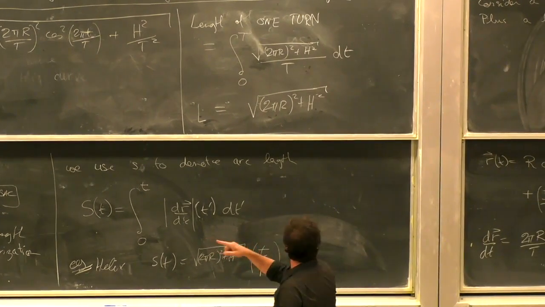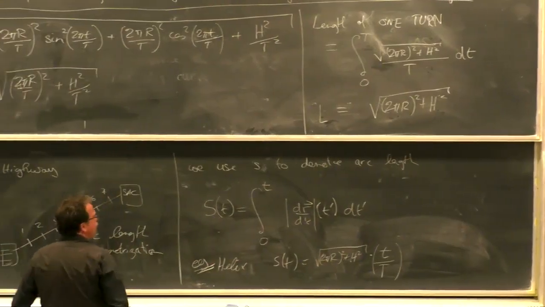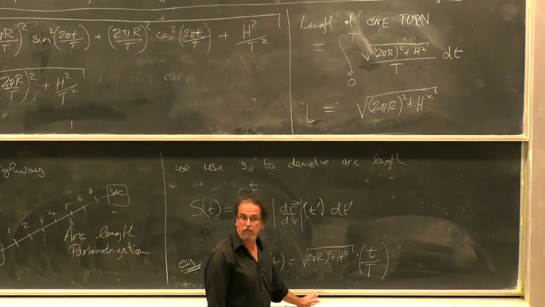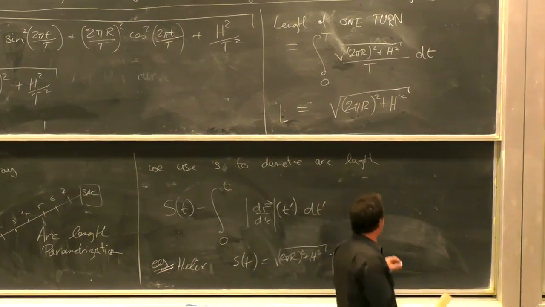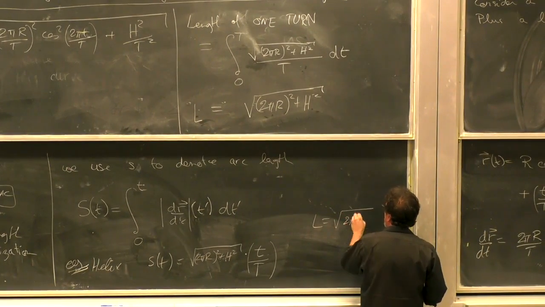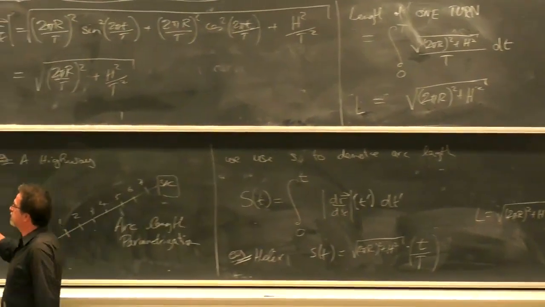I will do it over here, and then I will use this board again in a second. Please allow me to call this square root L, just so I don't have to keep rewriting it. L is equal to the square root of 2 pi r squared plus h squared. That's the length of one turn of the helix.